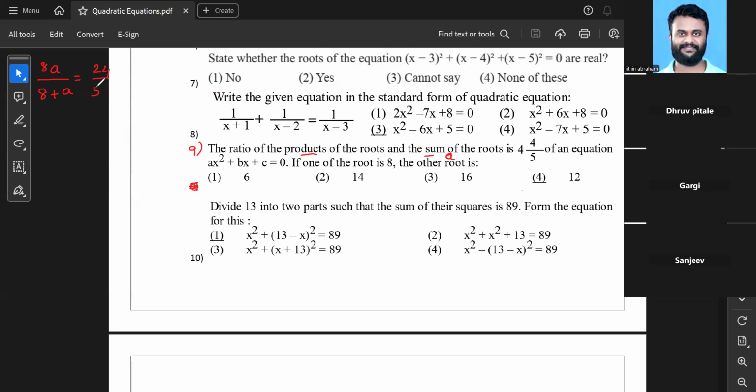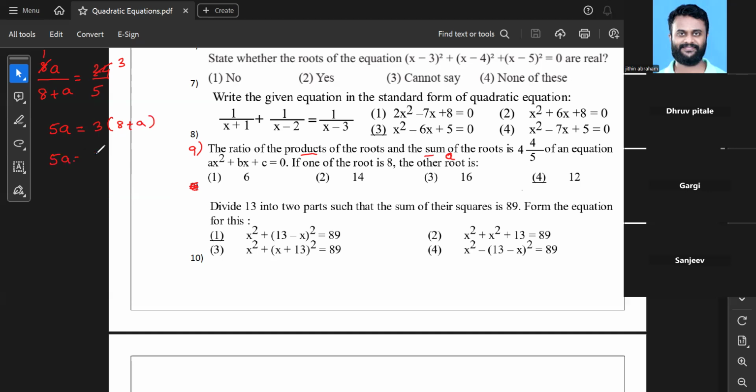Is it clear so far? I converted this into a normal fraction. Now, when I divide by 8 on both sides, this 8 gets cancelled and this 24 gets cancelled to give me 3. This 8 gets cancelled to give me 1. So the ratio is now 3 upon 5. I have a over here. I multiply 5 on this side, I will get 5a is equal to 3 multiplied by 8 plus a.